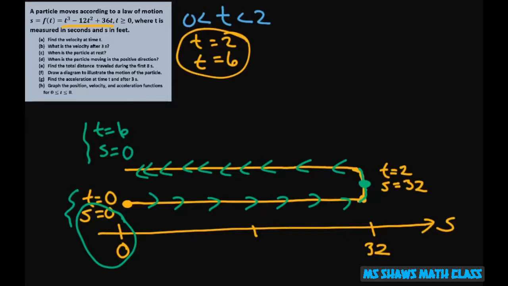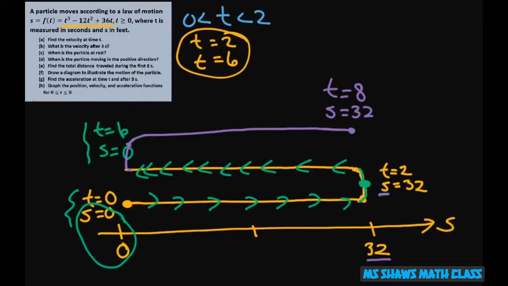All right, and then we're going to go up, put a little dot here, and go back around this way. We're going to stop at s equals 32. So at s equals 32, our t was 8. We're doing the first 8 seconds. And this is going positive. So we had our s at 32 to 0. And that's kind of how you do the diagram. The vertical lines are at the at rest part.